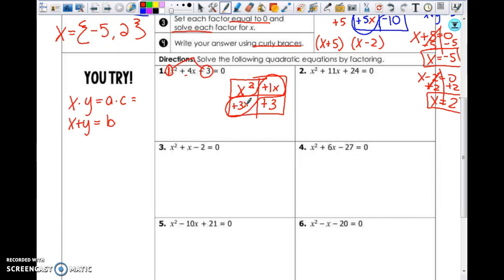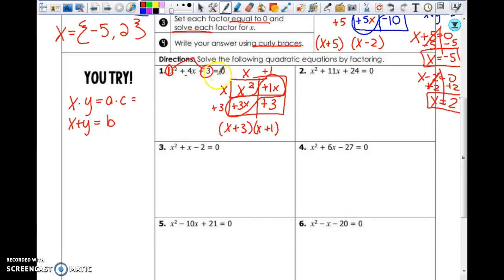So again, very simple. How do you break up the x squared? x and x times what will give you 1x squared, a 1, and x times what will give you 3x. I'm sorry, x times 1 will give you 1x, not x squared, sorry. And x times what will give you 3x, a 3. So your factors are x plus 3 and x plus 1.